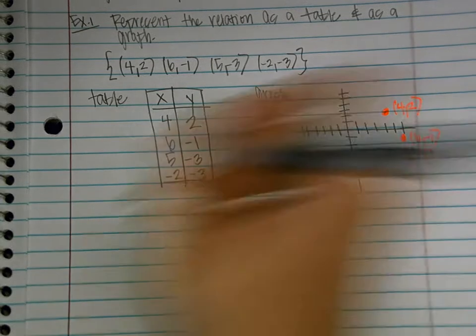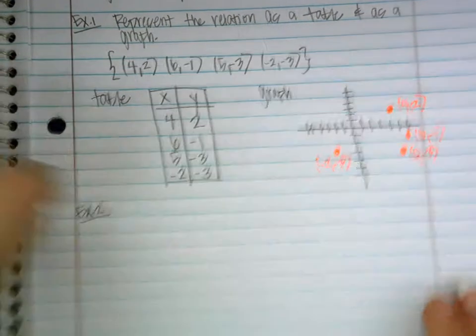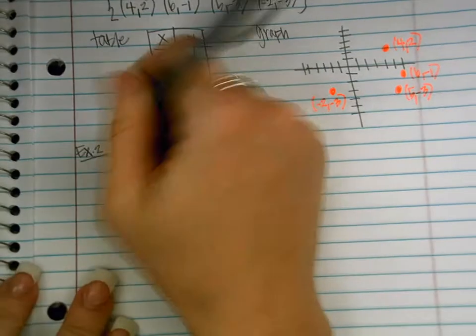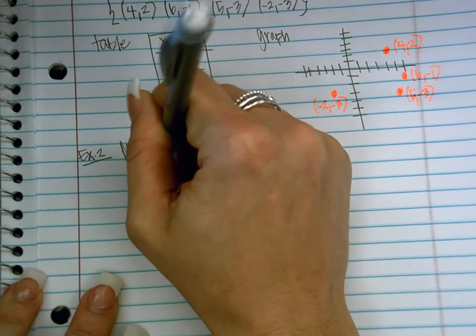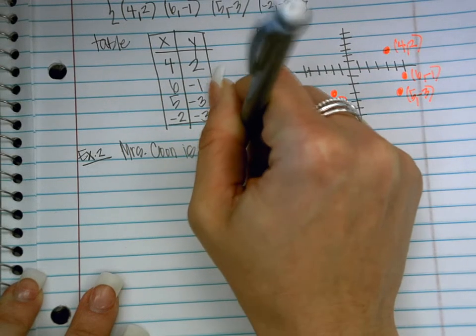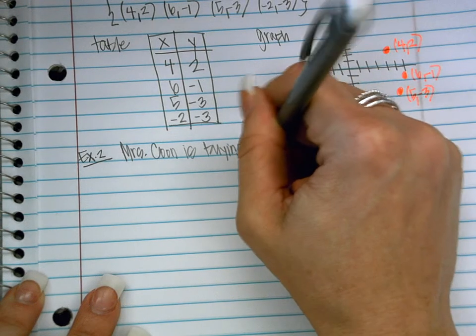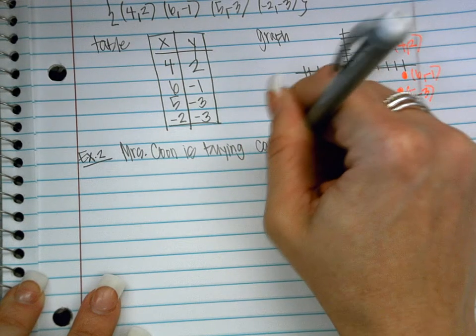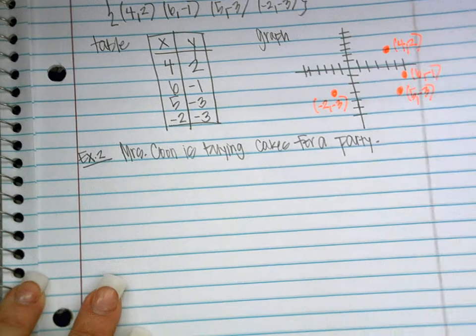Okay, for number 2, hopefully this should be pretty basic for you. For number 2, if we tell you Mrs. Kuhn is buying, let's say, cakes for a party. I am buying cakes for a party.